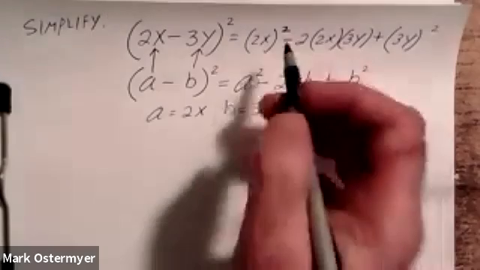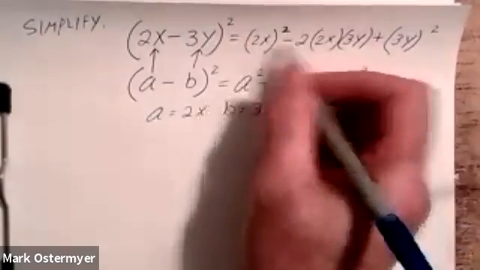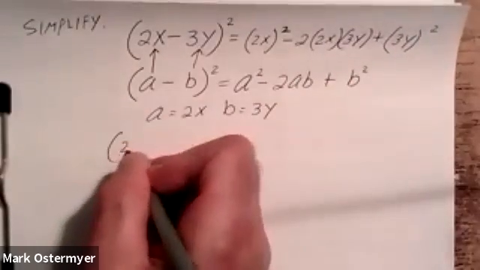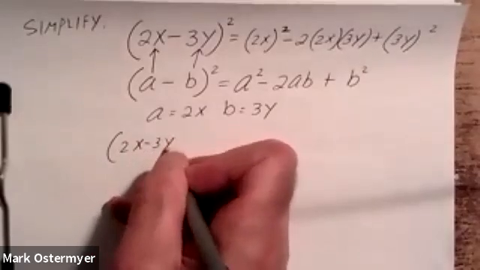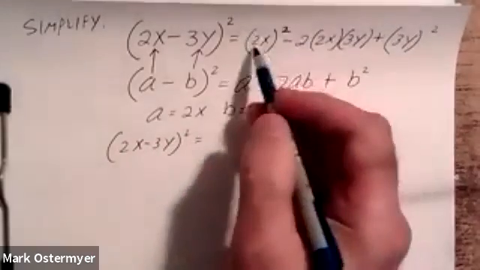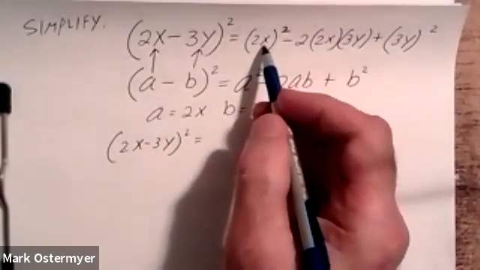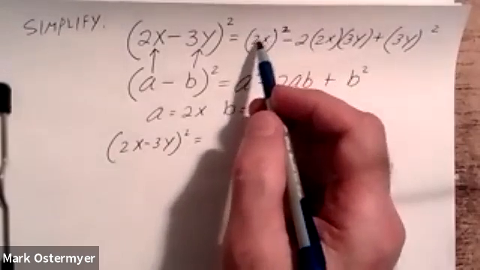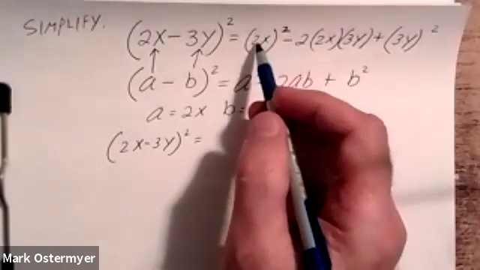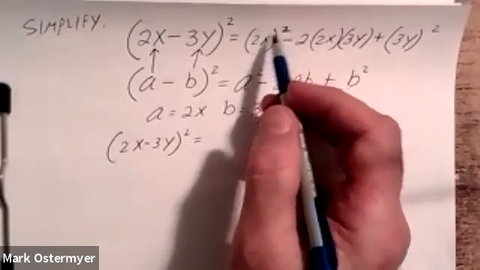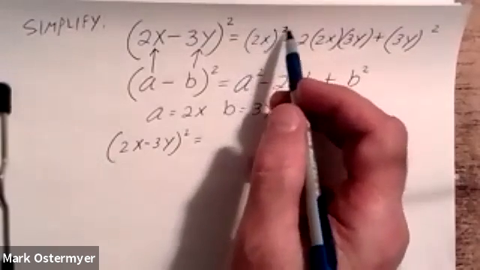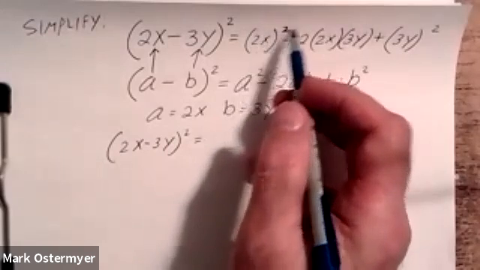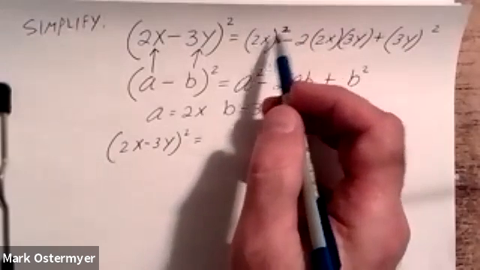So anyways, what we got is this. Now to simplify this, we really should clean this up. We don't want to leave this looking this way. So what's 2x squared? When I square this monomial, what's 2 squared? Would it be 4x squared?